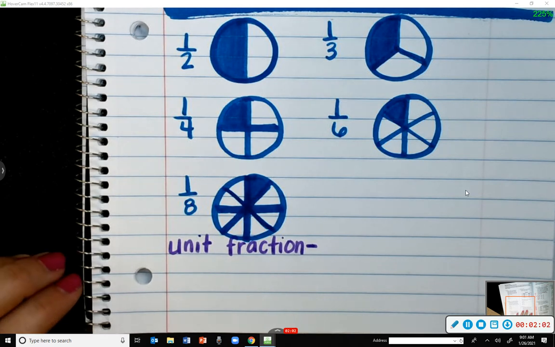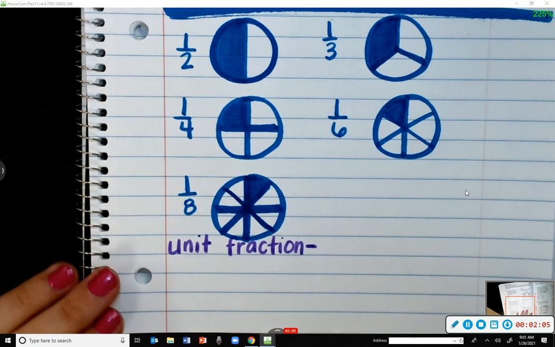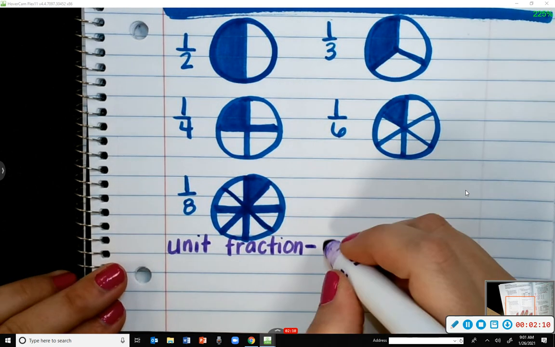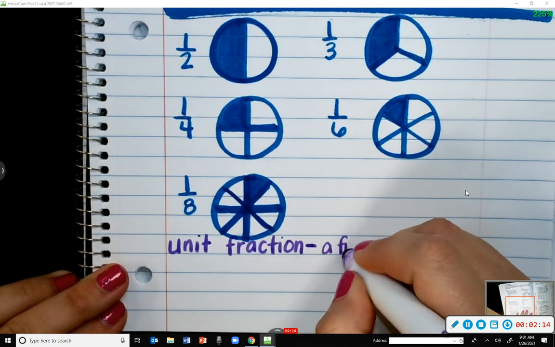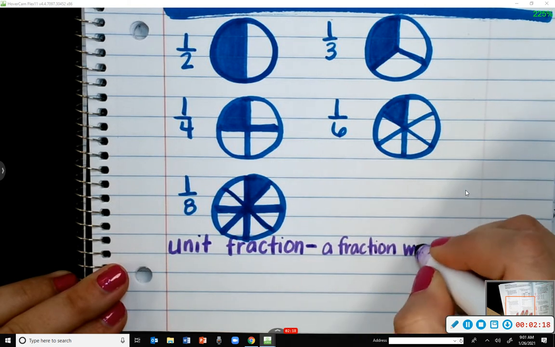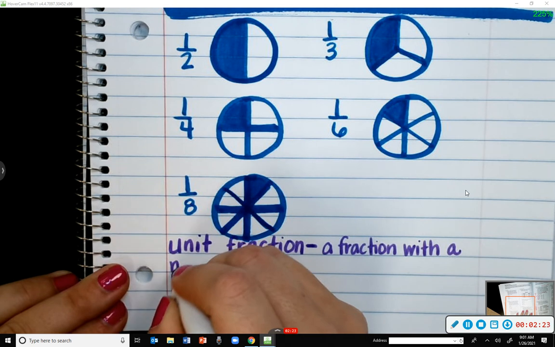Kelsey? They all have 1 on top. Very good. And what do we call the top number? Numerator. Good. So unit fraction is a fraction with a numerator of 1.